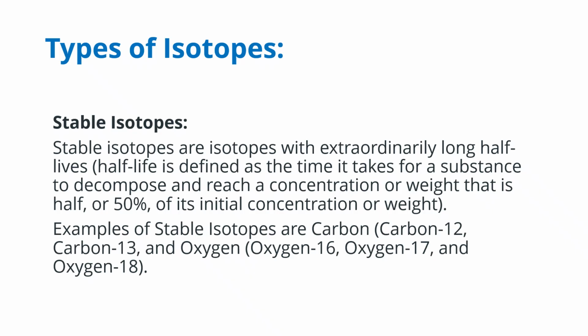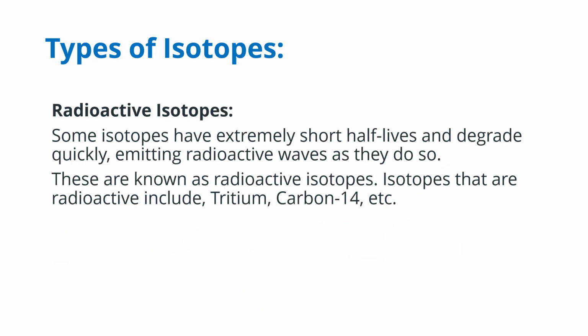Half-life is defined as the time it takes for a substance to decompose and reach a concentration or weight that is half of its initial. Some examples are carbon-12, carbon-13, and oxygen-16, 17, and 18. Radioactive ones have short half-lives and degrade quickly. They emit radiation when they do so. Examples are tritium, an isotope of hydrogen, and carbon-14.